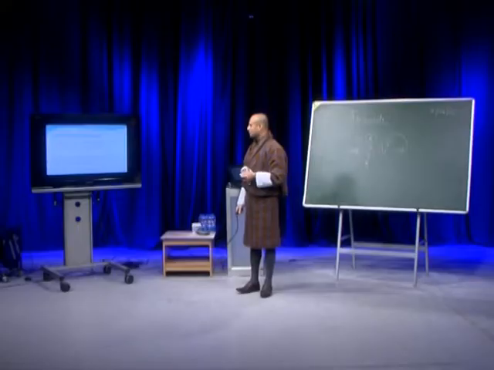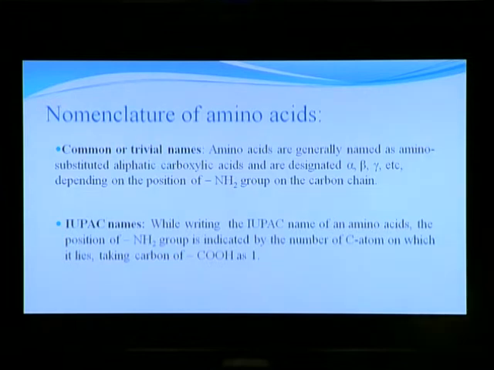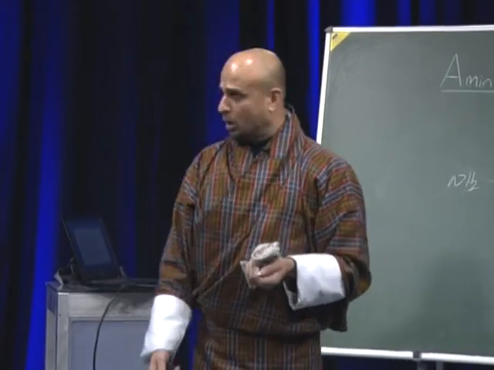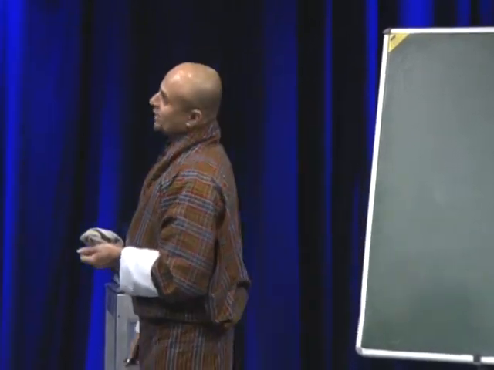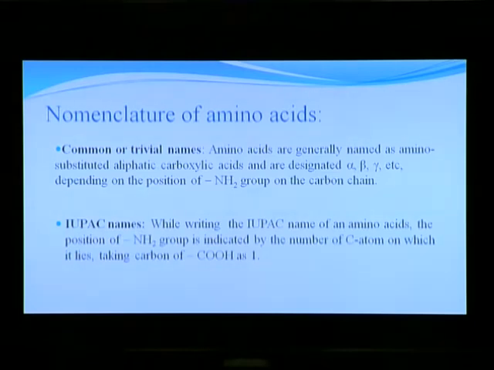Now, nomenclature of amino acids. As we know, whenever we name any organic compounds, there are two ways of naming them. One is common name, and the other one is IUPAC name. When you write the common name, amino acids are generally named as amino substituted aliphatic carboxylic acids and are designated as alpha, beta, gamma, etc., depending upon the position of the amino group on the carbon chain.